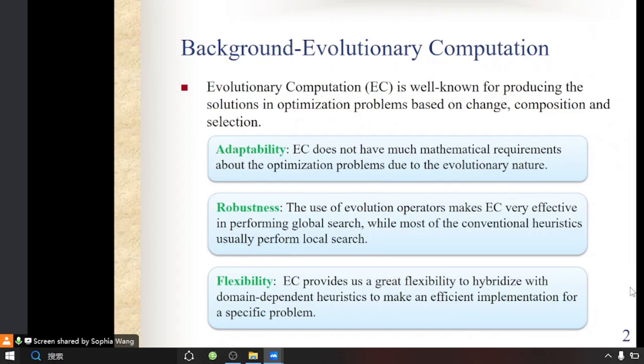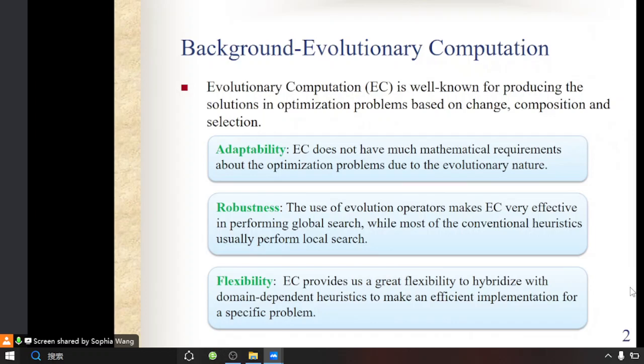The use of evolutionary operators makes EC very effective in performing global search, while most conventional heuristics usually perform local search. What are global search and local search? In the last chapter, I said that if you want to find the best allocation of capital, you should find the highest points, or the crossing points of the curve and the line.